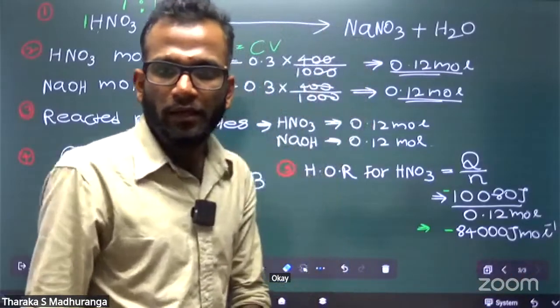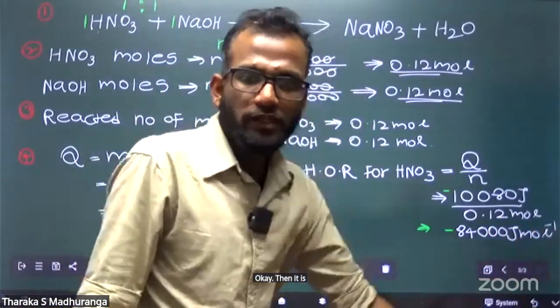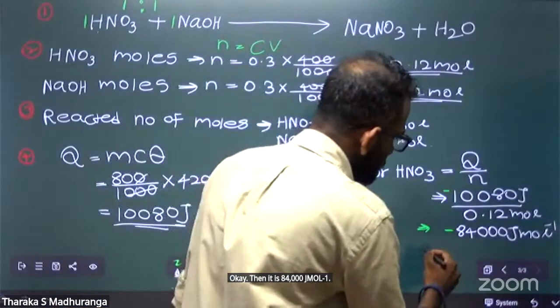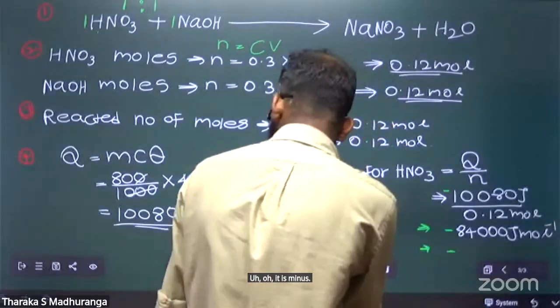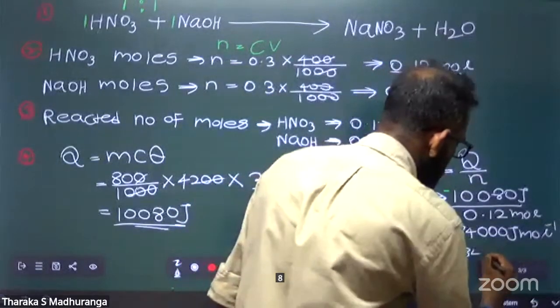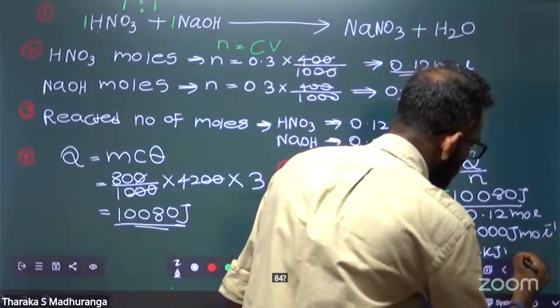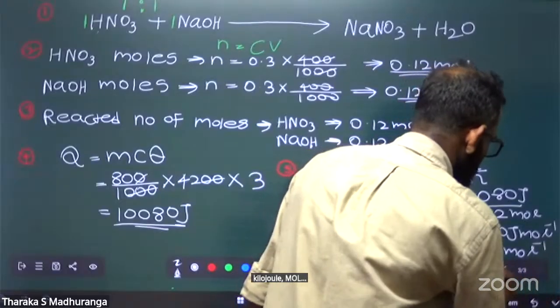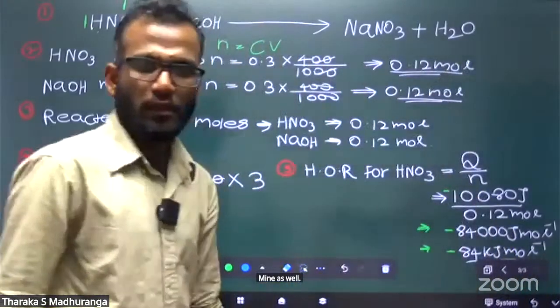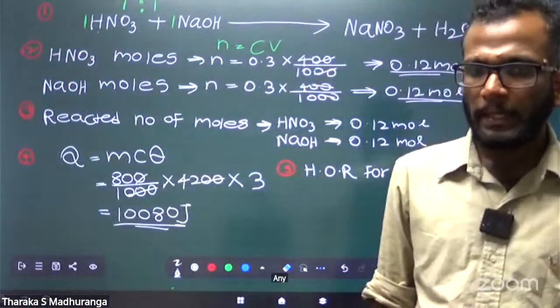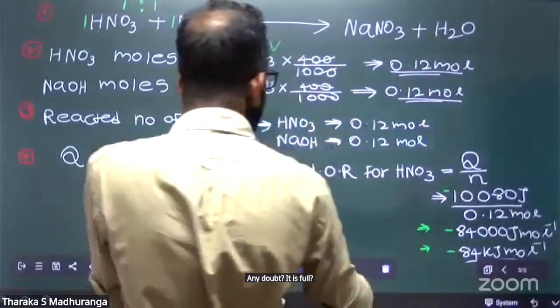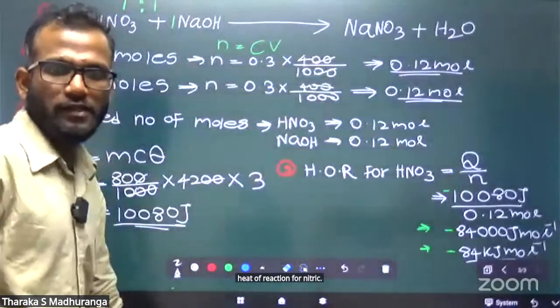Then it is minus 84,000 J mol^-1, or minus 84 kJ mol^-1. Any doubt? That is the heat of reaction for nitric acid, HNO3.